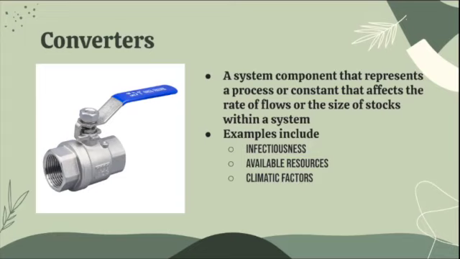So some examples of this could be if we're looking at infection rates of a disease, the amount that that disease is transferable, so its infectiousness, is going to determine how quickly a disease spreads and how many people are infected. Available resources might constrain population growth. So again, that's neither a stock nor a flow, but does affect both the stock and the flow in population dynamics.